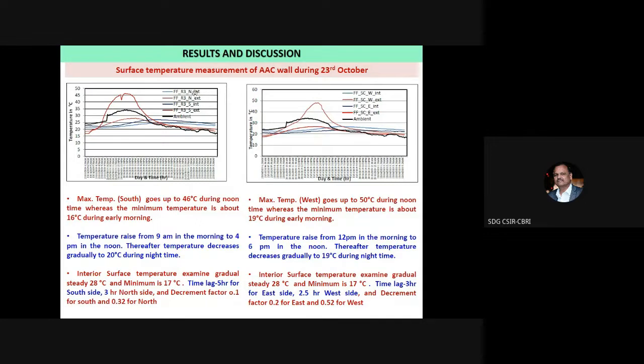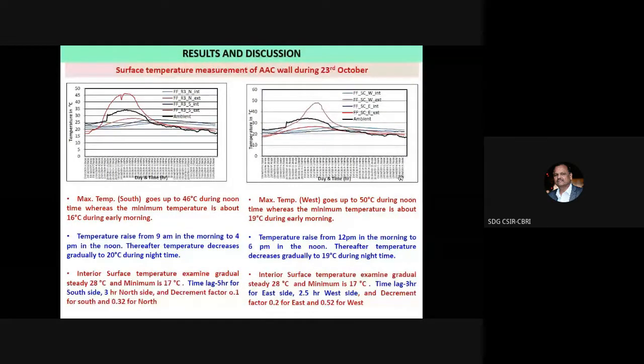On the other hand, the north side does not get that much, so the temperature is not high there. During the morning session, on the east and west sides, the surface temperature increases a little bit. But on the west side, because of the sun path, after about 12 o'clock there is a temperature increase.